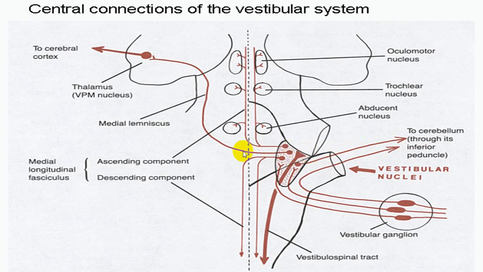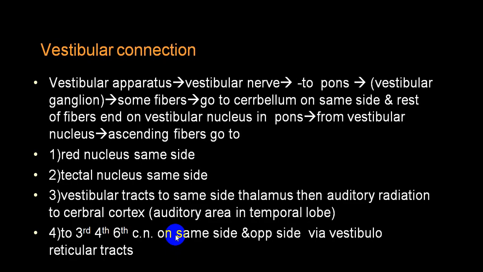And fibers will cross to the opposite side along with the medial lemniscus. They will end in the cerebral cortex via the thalamus, giving an input to the cerebral cortex, which will be further connected to the basal ganglia as well as the cerebellum, and which will take part in maintenance of posture, equilibrium and balance. So that is the function of the vestibular system in short.